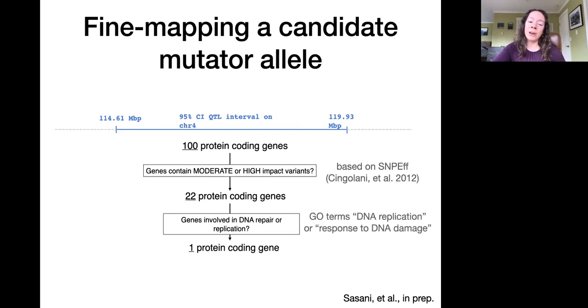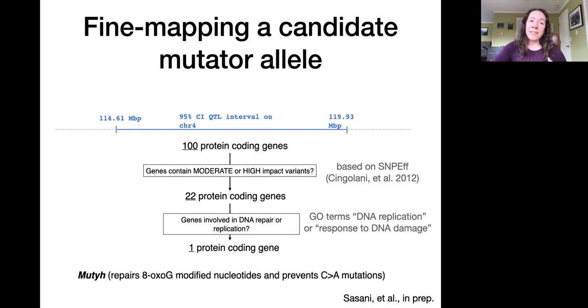And that actually narrowed it down to only one gene called MUTYH, which we were really excited about because MUTYH is involved in the base excision repair pathway that prevents C to A mutations that are caused by oxidative stress, where guanine becomes oxidized to 8-oxoguanine.